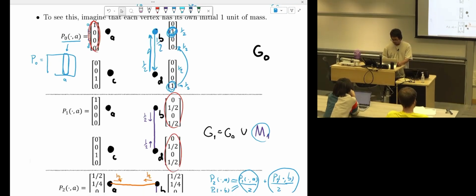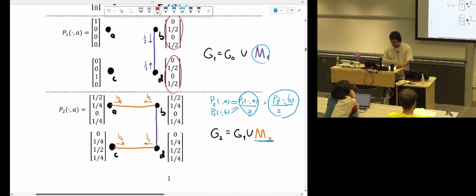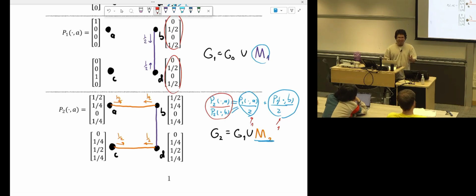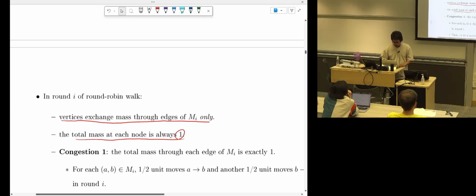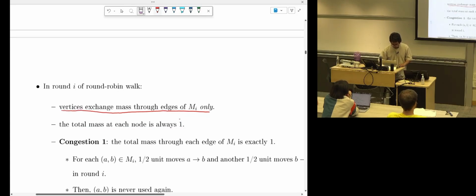The way to see this is just that the total mass here is 1, the total mass here is 1, and you update it by either staying the same or averaging 2 vectors with total mass 1. So the total mass at every node is always 1.